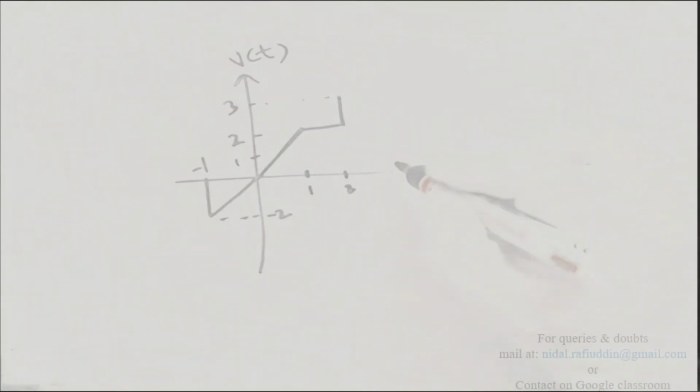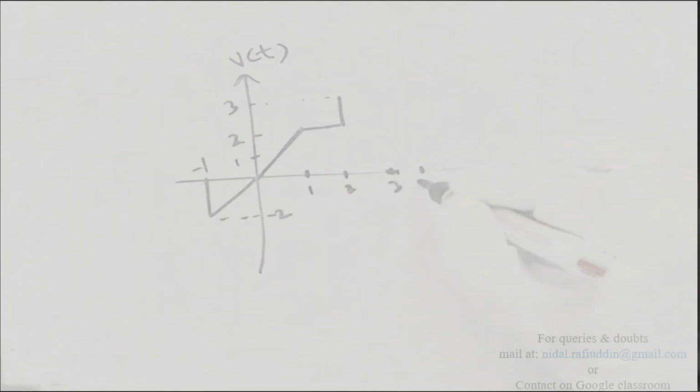So this is -1, the magnitude is -2, and then we have the same slope here, and this is 1, this will be 2, a straight line till 2, then a sudden change to 3, and from this 3 we have a drop till 1 at 4.